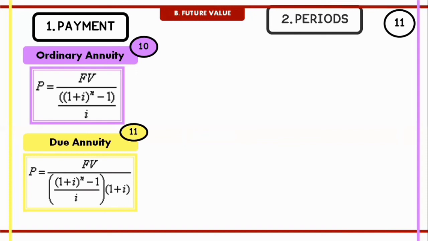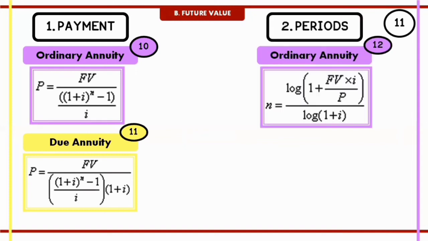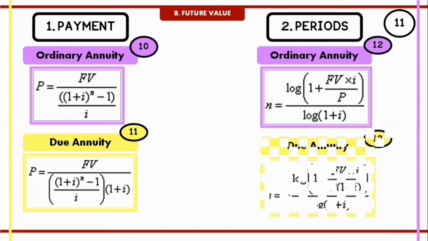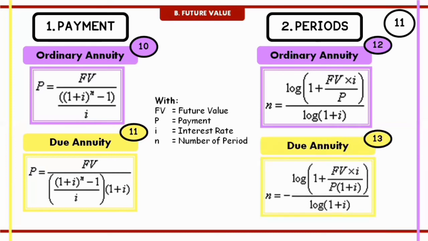And how to find the periods with ordinary annuity, n equals log of (1 plus (Fp times I divided by P)) divided by log (1 plus I). And for the due annuity, the difference is only minus in quantity. And this is the difference.